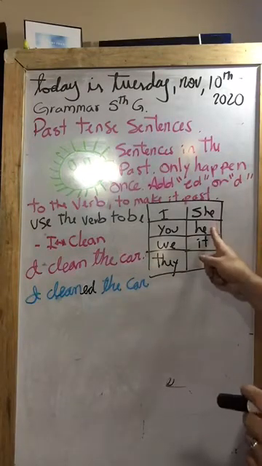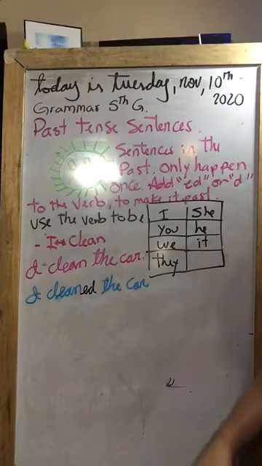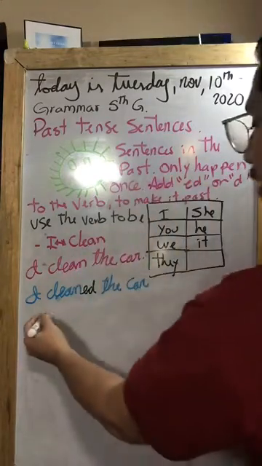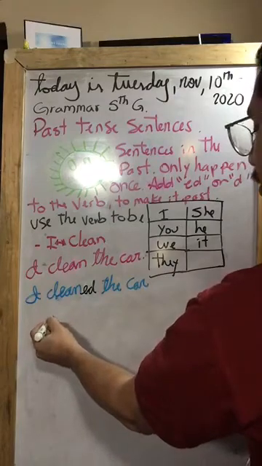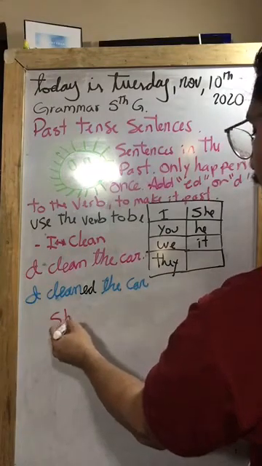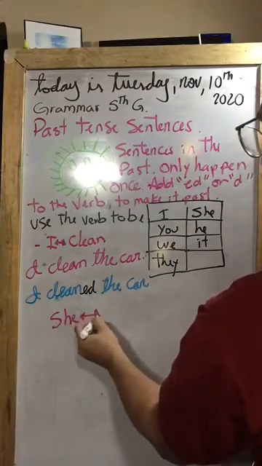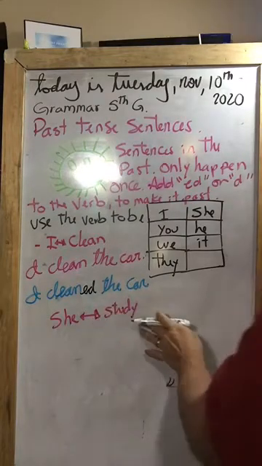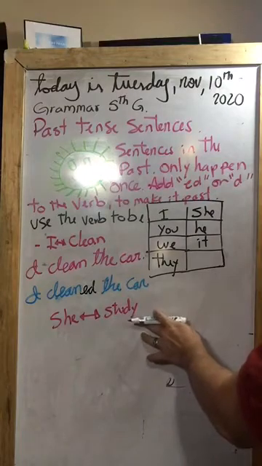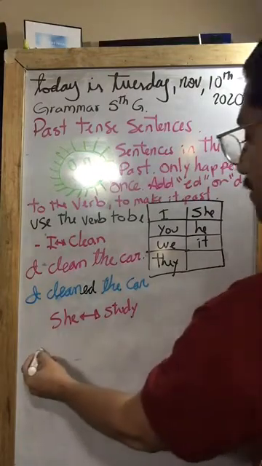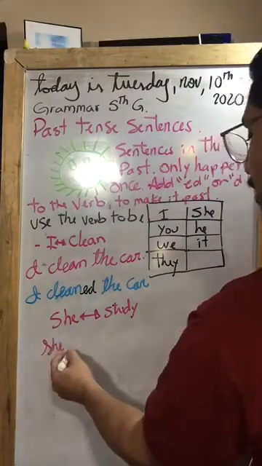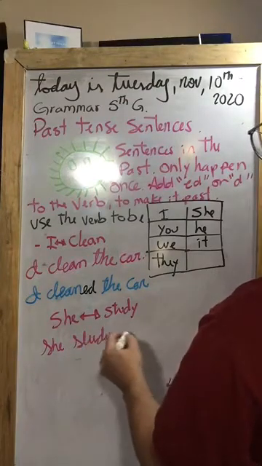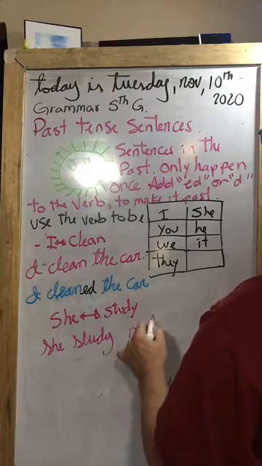But what if we're writing a sentence with he, she, and it that needed to have s in the present? So I can write she and then study. Now remember, in the present, we have to add es, so we write she studies math.